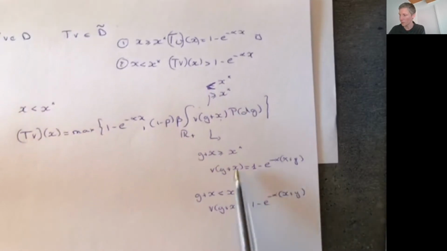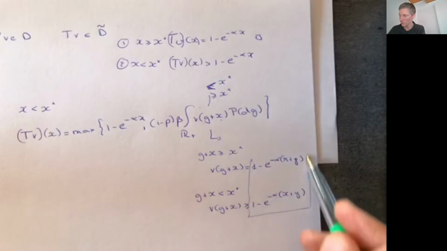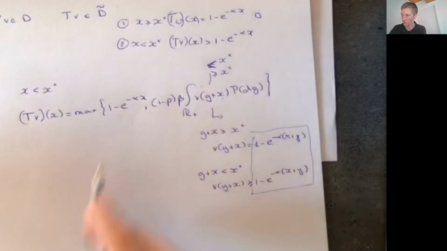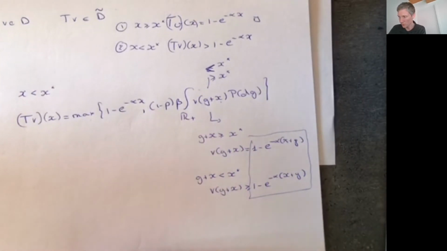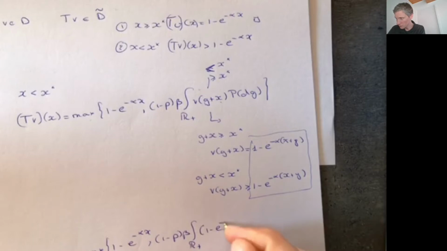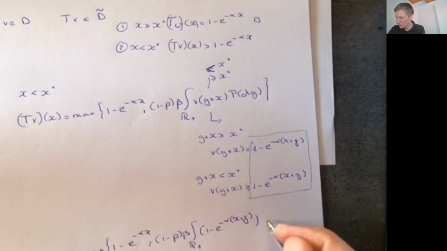So in either case, it's bounded from below by this function here. So I know that this here is going to be greater or equal to the maximum of 1 minus e to the minus alpha x, and then 1 minus p beta, plus 1 minus e to the minus alpha times x plus g, times p.